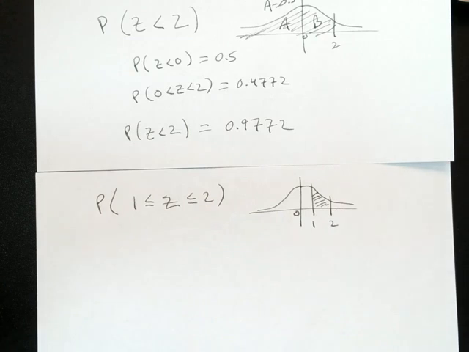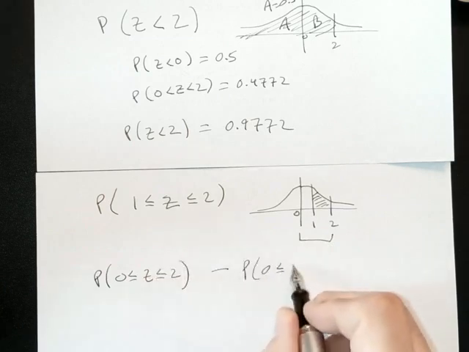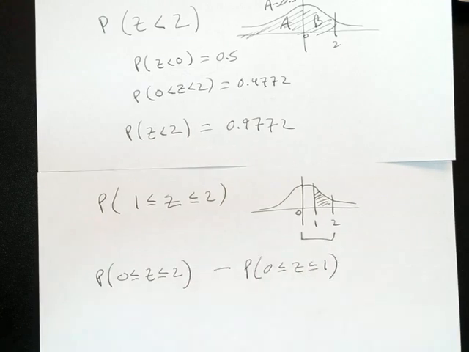The table only allows me to find areas that start at 0. Not sure it's this and I subtract.